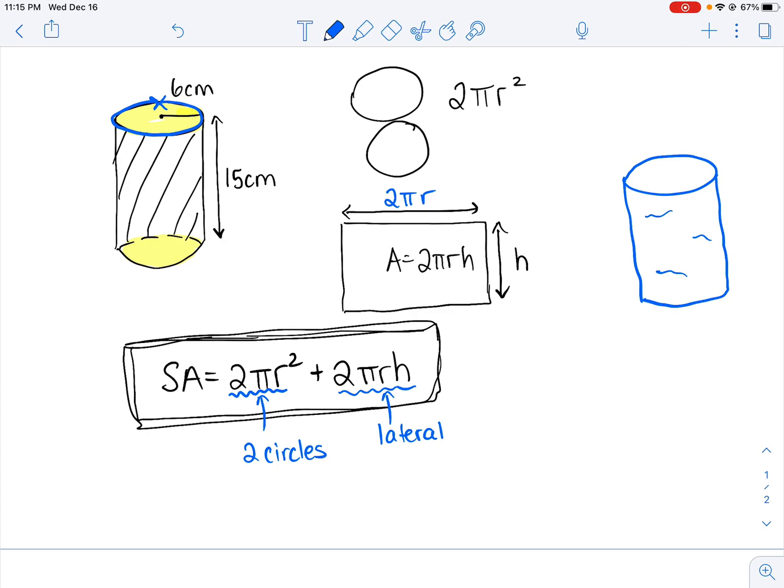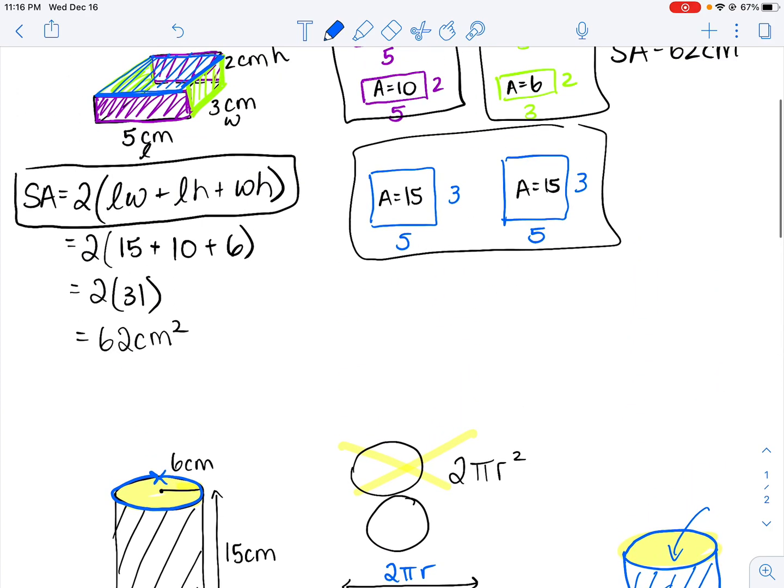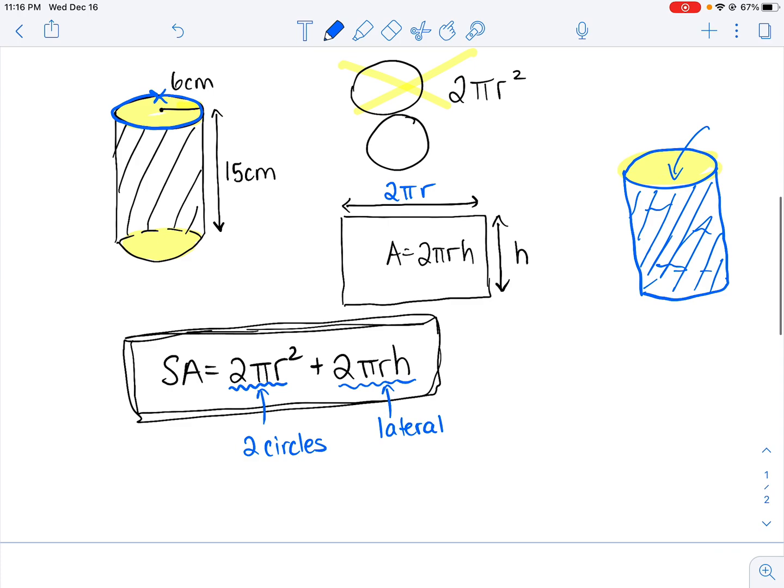But let's just say your glass is open at the top. There's no lid. And they want to know, how much material did they take to make this glass? So you're going to want to calculate that using surface area, but you don't want to count this top. So you have to eliminate one of the circles. So you should be able to manipulate the surface area formulas, not just blindly look at them and sub numbers into them.